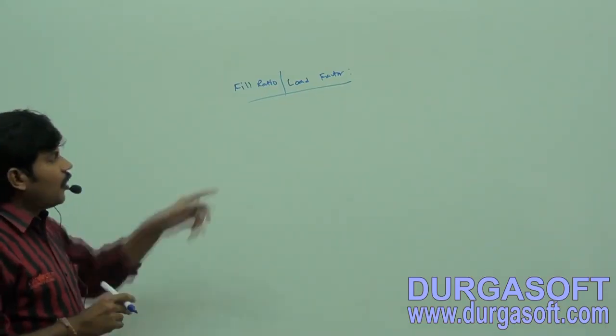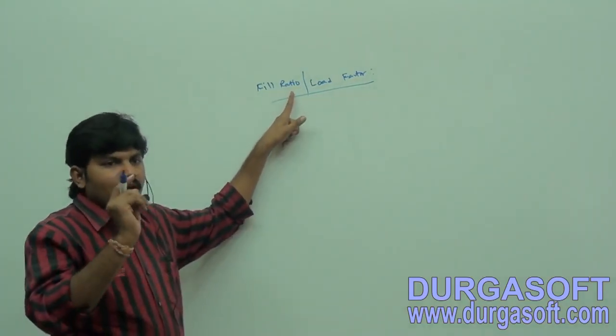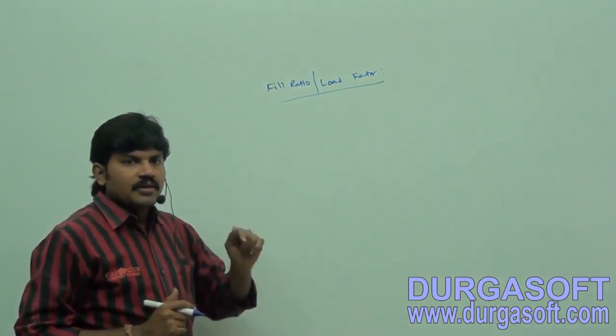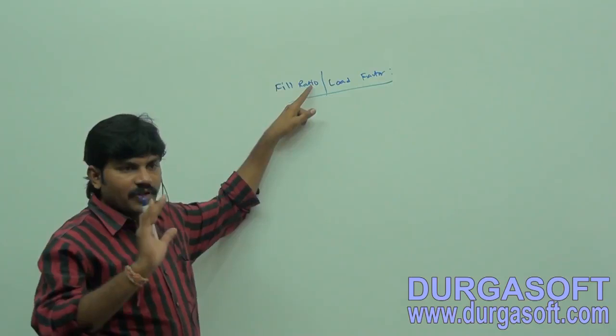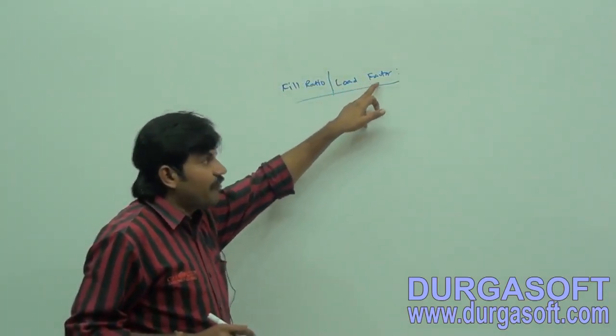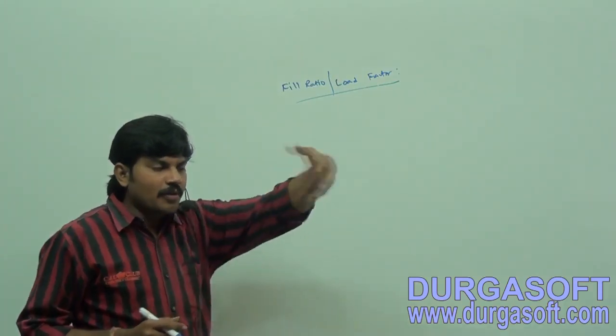After filling how much ratio is a new HashSet object going to be created? That ratio is by default considered the fill ratio, or simply, after loading how much factor.